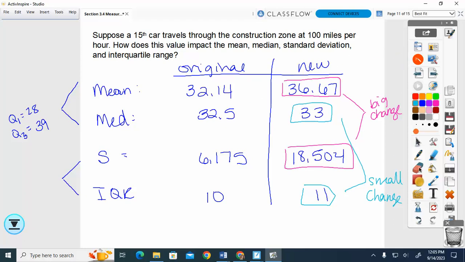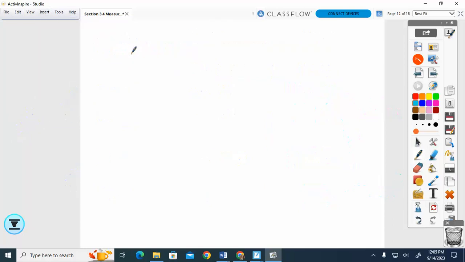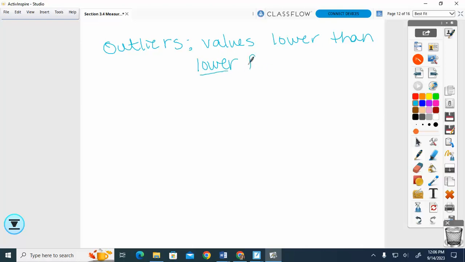So for the outliers, outliers are any values lower than what's called the lower fence, or higher than what's called the upper fence.